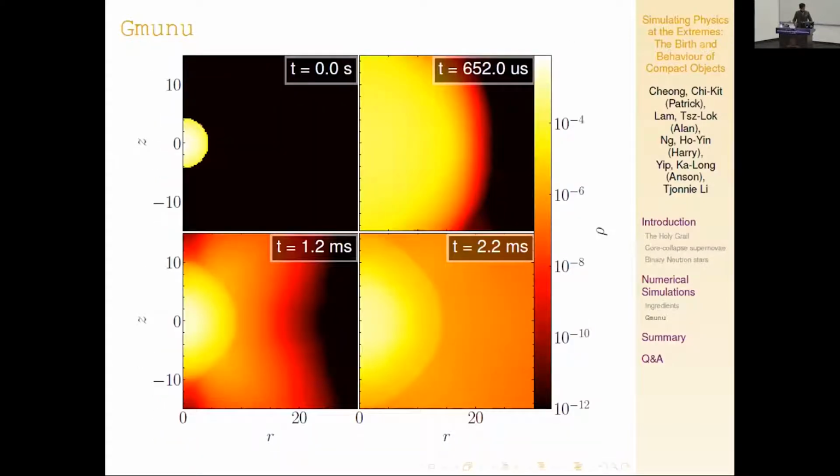Also, we have tested this code with migration of a neutron star. That means an initially compact but not stable neutron star will expand a bit and fall back to the same mass but a more stable neutron star here.